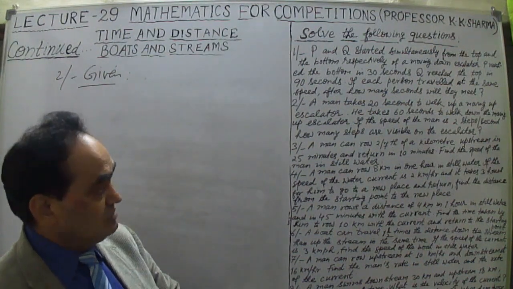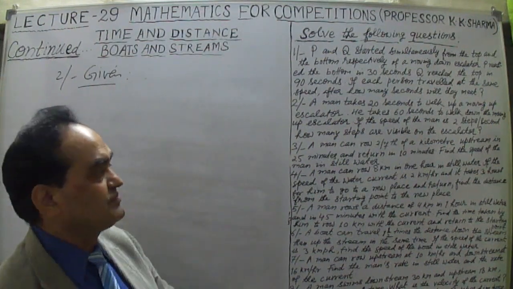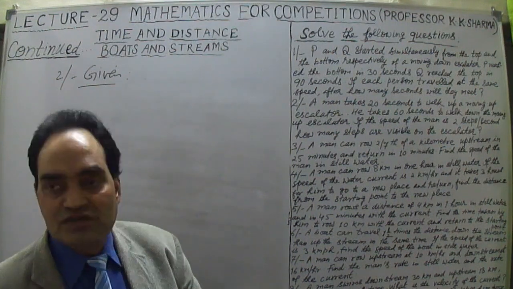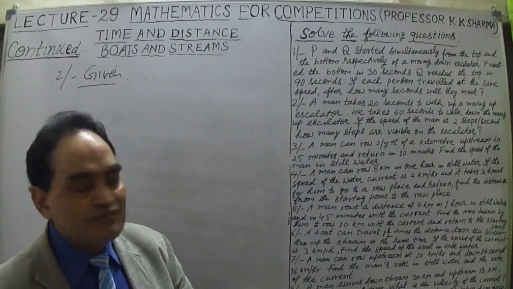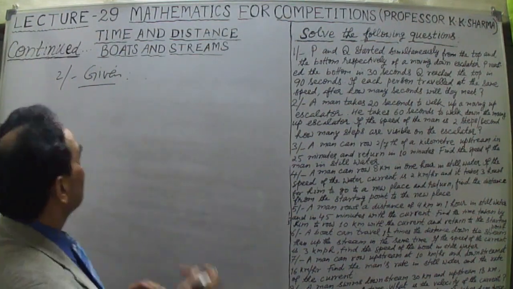If the speed of the man is 2 steps per second, how many steps are visible on the escalator? So we have to find the number of steps. Simple question.